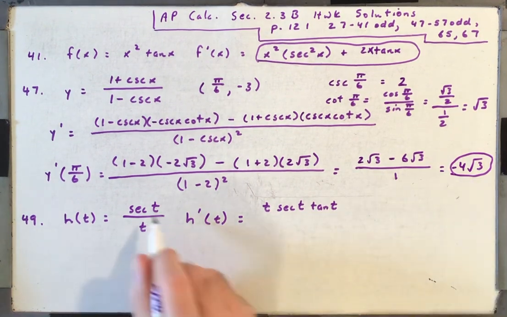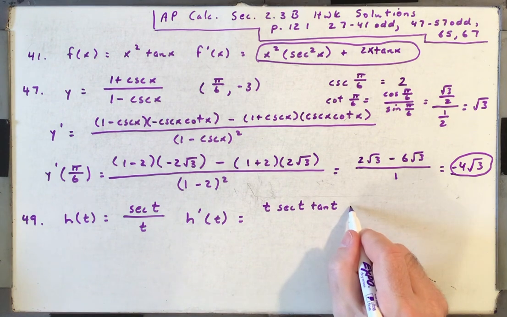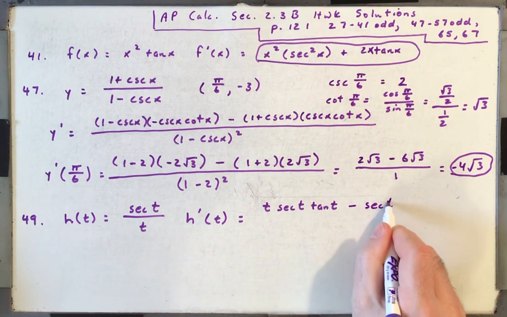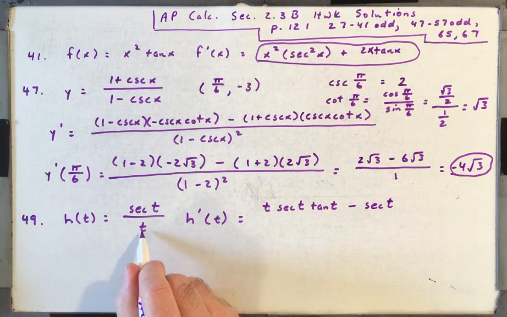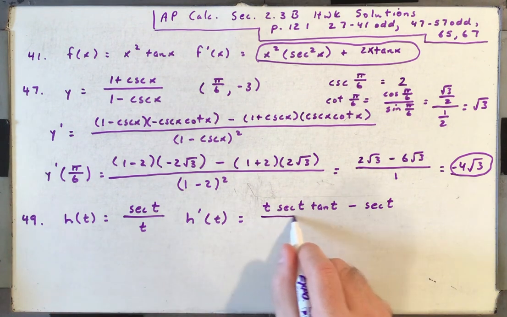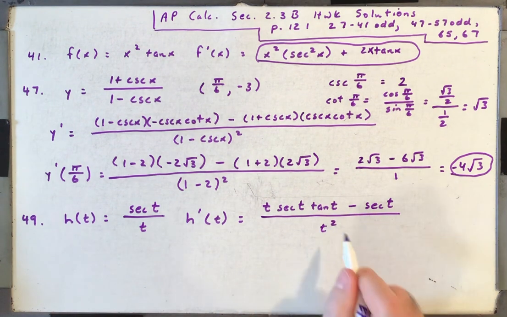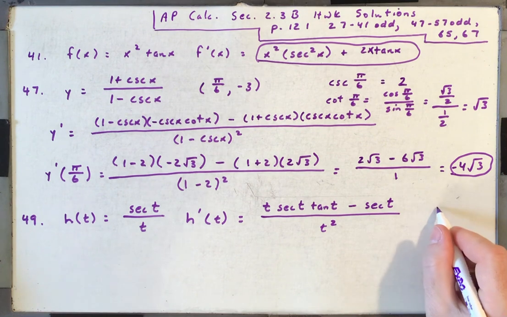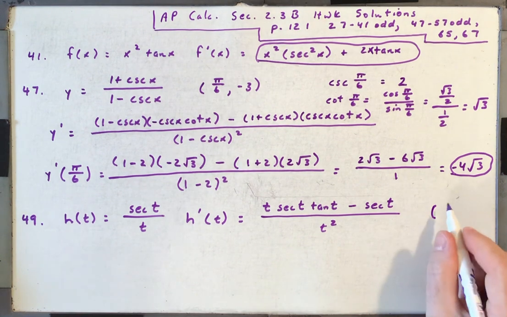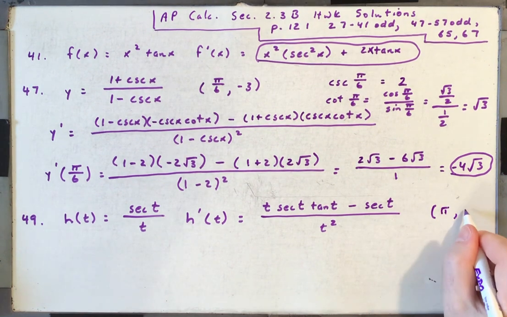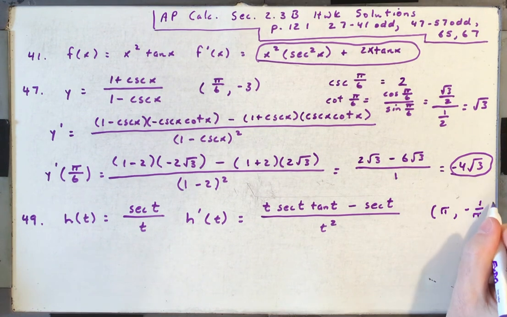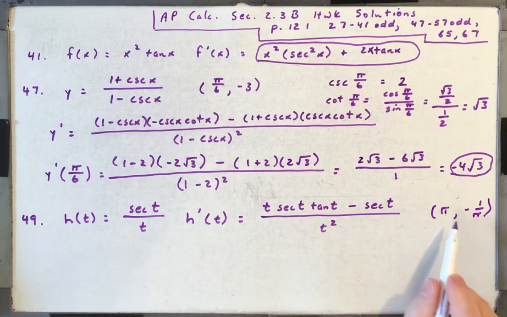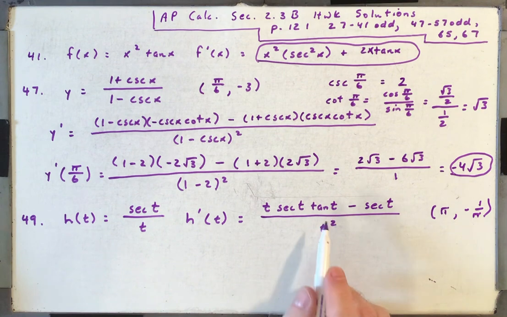All right, bottom times the derivative of the top, minus the top, secant t, times the derivative of the bottom, which is just 1, all over t squared. Now we want to evaluate this at the point pi, negative 1 over pi, but we're not getting a tangent line or anything. We're just plugging pi in for t.